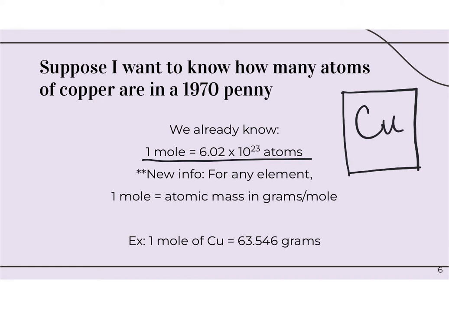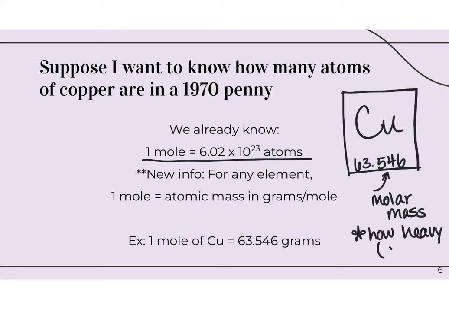And you might notice that there's this number underneath, which is located here, and that is what we call the molar mass. What that number is how heavy in grams 1 mole of that substance is. So in the case of copper, if I said, hey, I need you to go get me a mole of copper, you would go back on a scale and you would weigh out 63.546 grams.